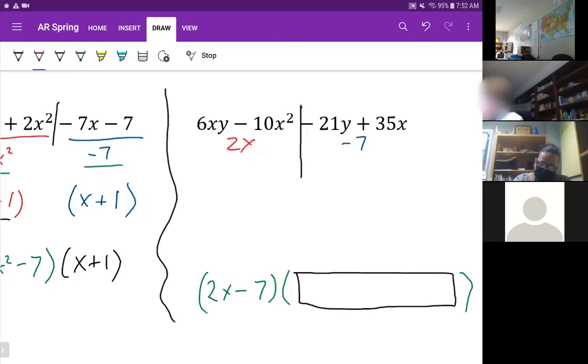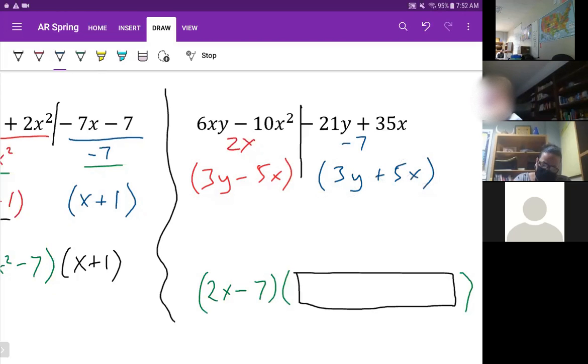So over here, 6 divided by 2 is 3y. Then minus 10 divided by 2 is 5. You have 1x left. Great. So we get that same thing over here. That's a 3y, and then that is plus 5x. So that's the term that goes in this box.